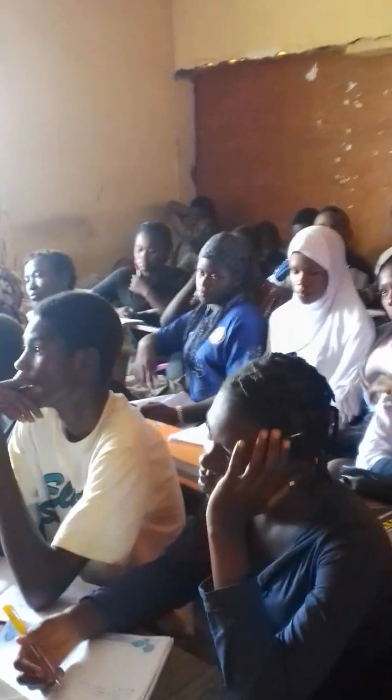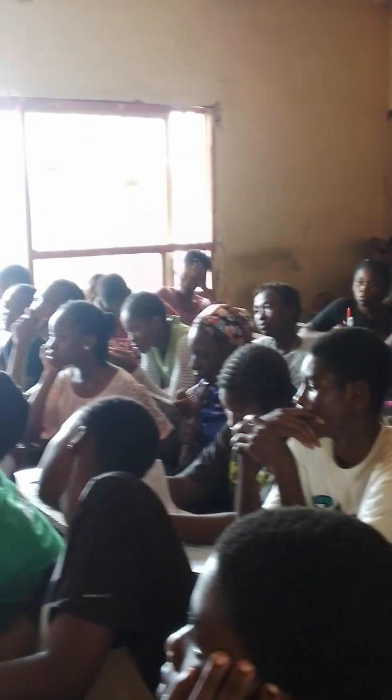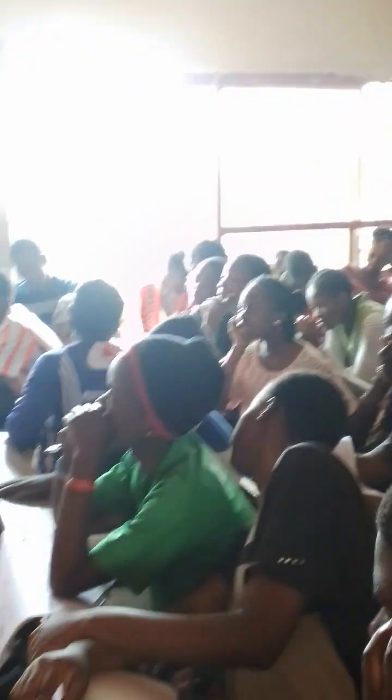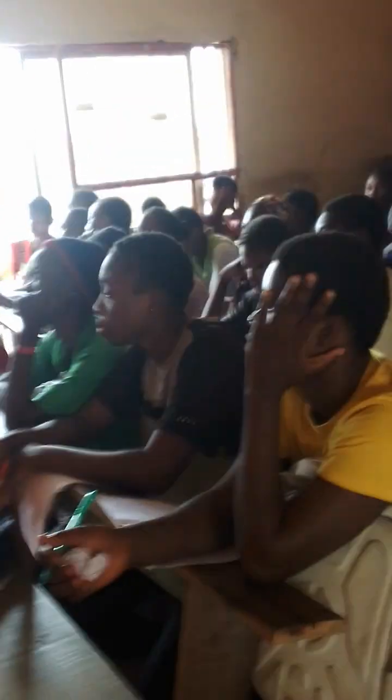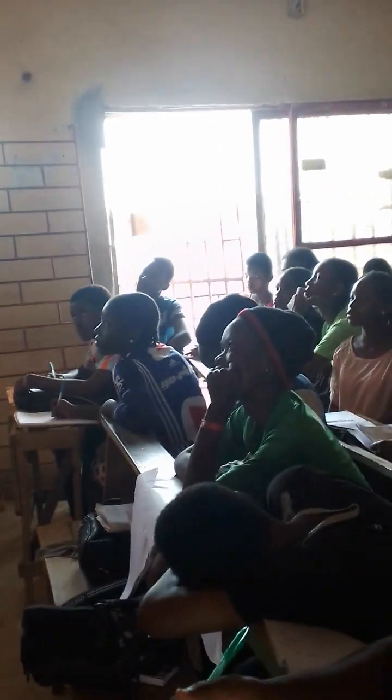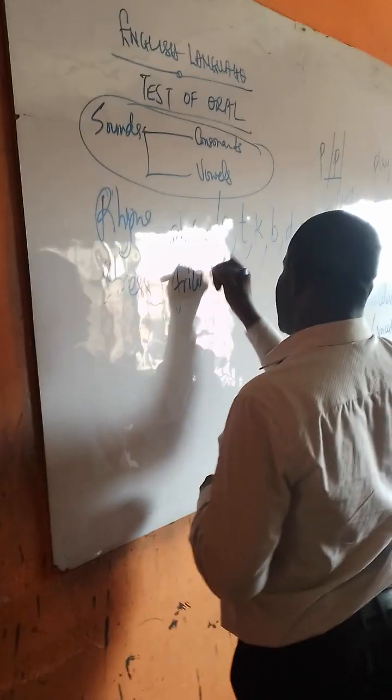What are those 8? First and foremost, let's look at all the sounds. The 24 consonants. You have p, t, k, b, d, g. Those are the plosives. Followed by fricatives.